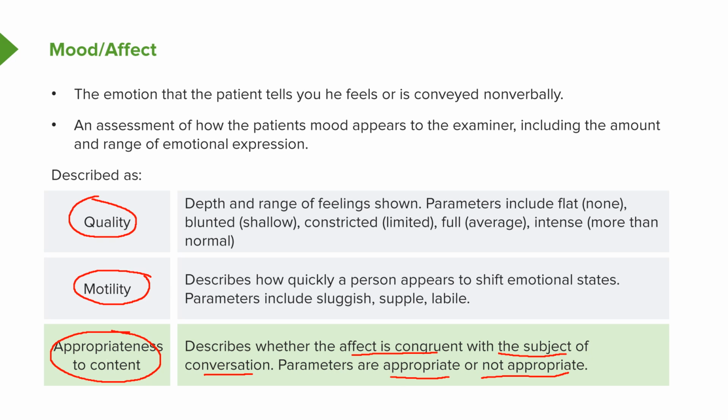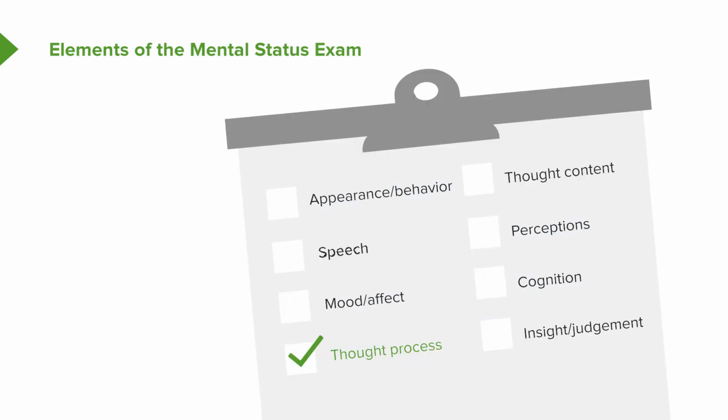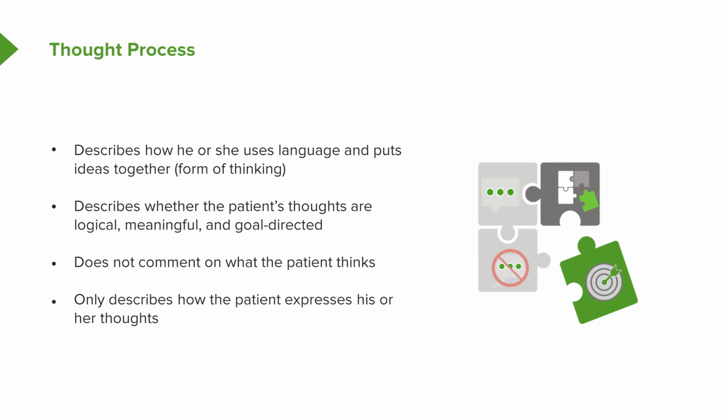Now let's take a look at the thought processes of the patient. So here, the thought process actually describes how he or she uses language and puts ideas together, as this is what you call your form of thinking.